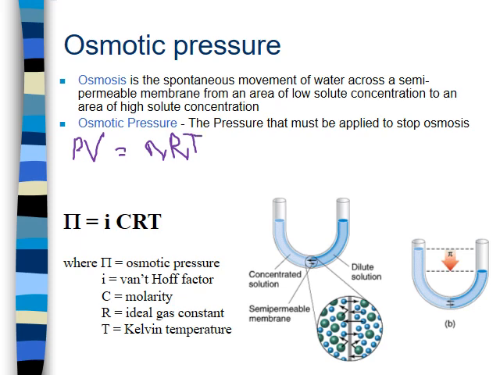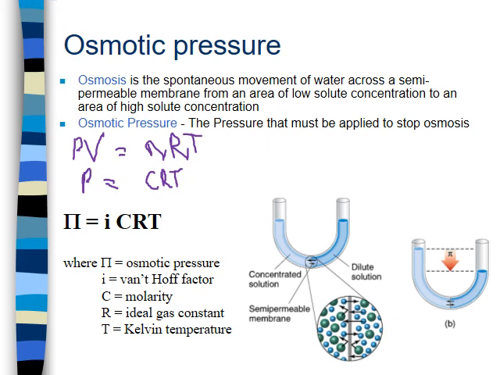If you divide both sides by V, you'll get P is equal to, and you could write n over V times RT. But n over V is the definition of concentration, isn't it? Moles divided by volume. So we could say P is equal to CRT. That's a valid way of writing the ideal gas law, P equals CRT.